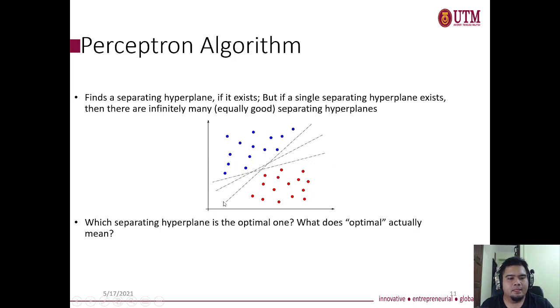But let's say you have a red dot over here, then regardless of whether you are using the perceptron algorithm or logistic regression, they are incapable of classifying this condition, because it is not well separated; this region also has a red point or red data. Meaning that you need to generate two boundaries instead of one boundary. So that is the limitation of both the perceptron algorithm and logistic regression.